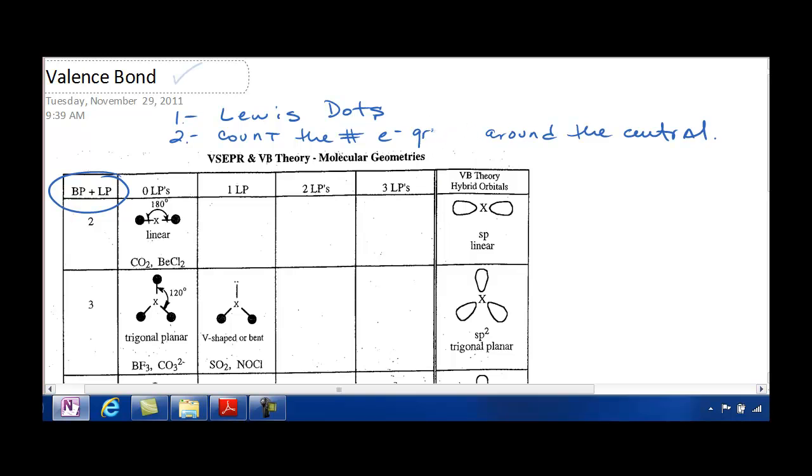Groups of electrons, because if you have a single bond or a double bond, that's considered a group. And VSEPR simply said that each negatively charged density around the central atom is very important, and they're going to repel each other.